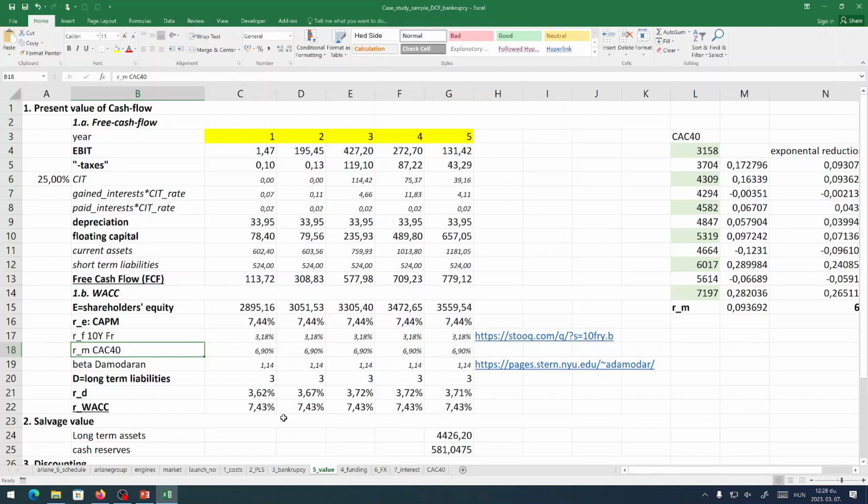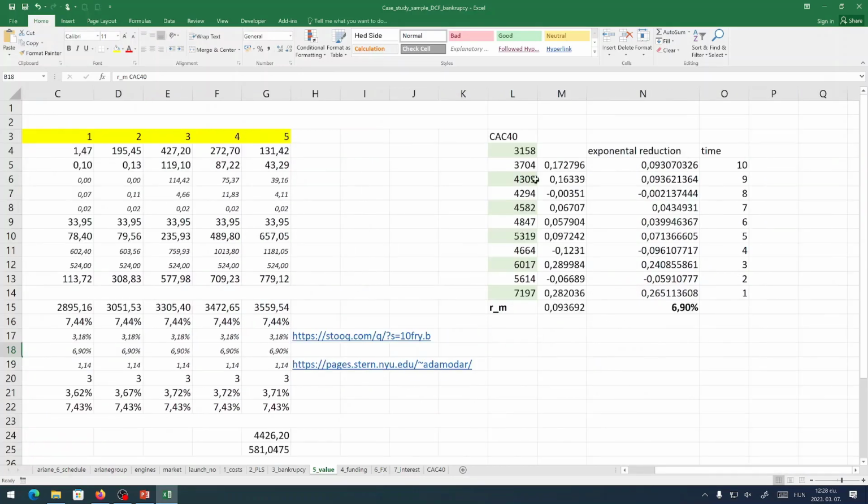So in this case, the CAC 40 is the main index for us. So we should check the previous values of this index from the last 10 years.